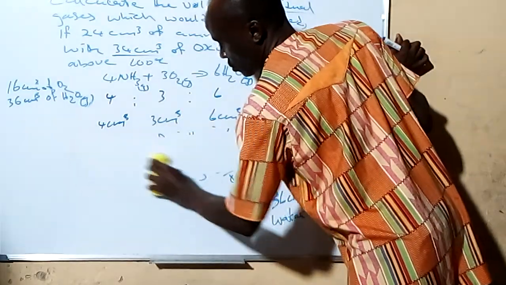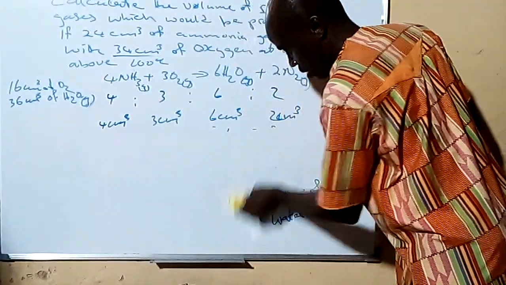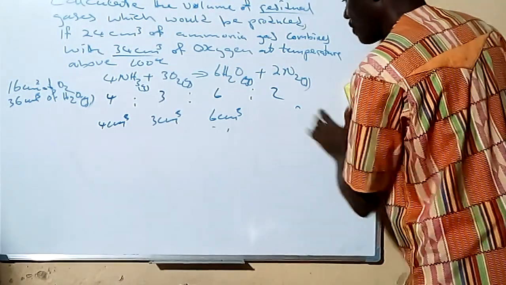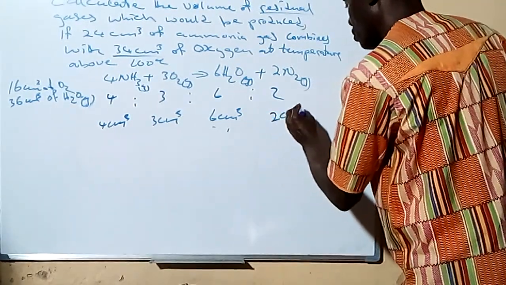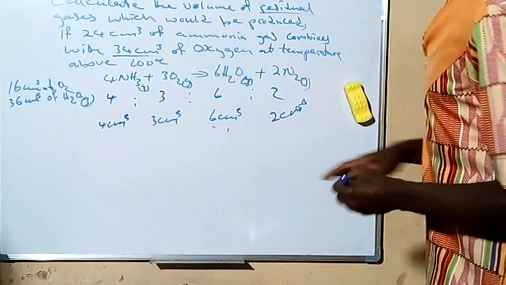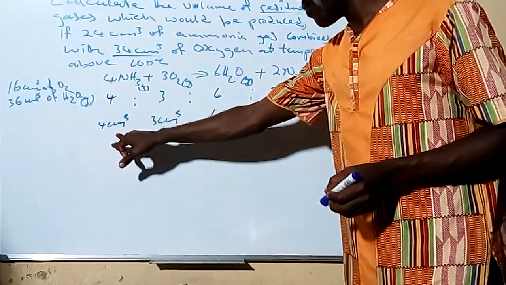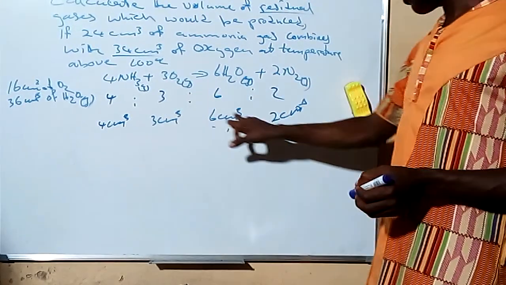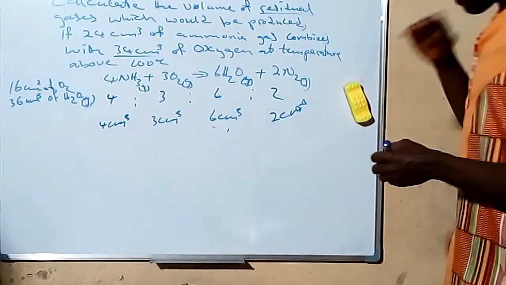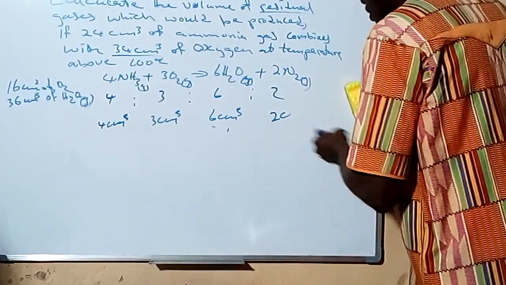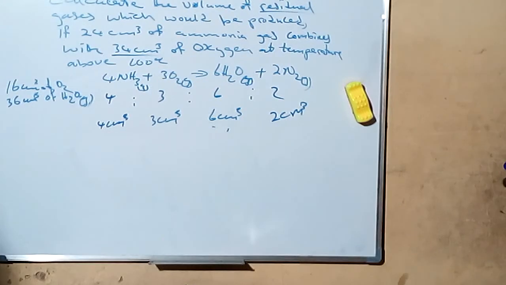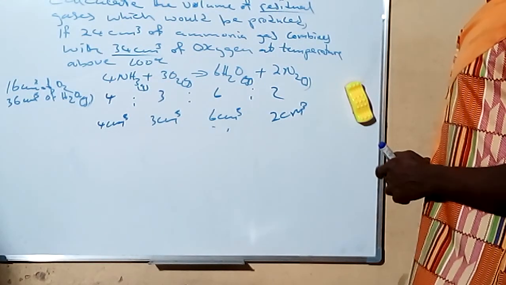In the case of nitrogen, 4 cm3 of ammonia will combine with oxygen to give us 2 cm3 of nitrogen.